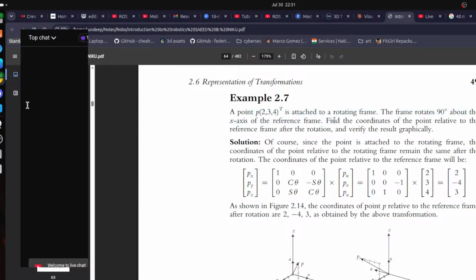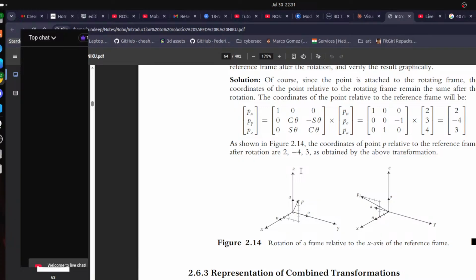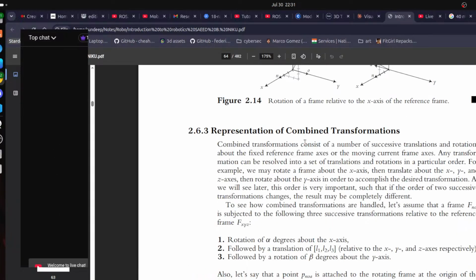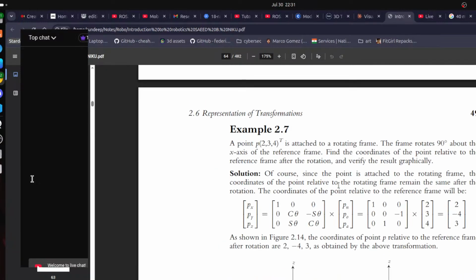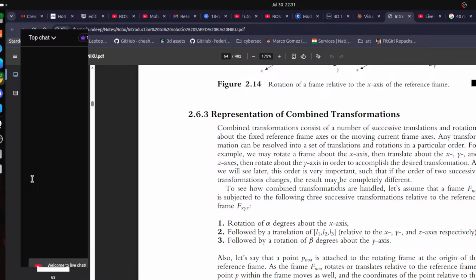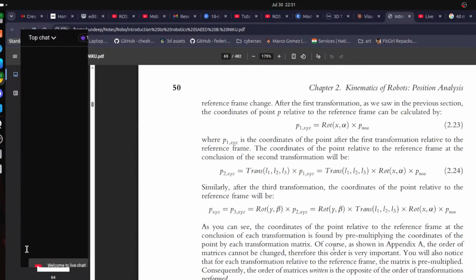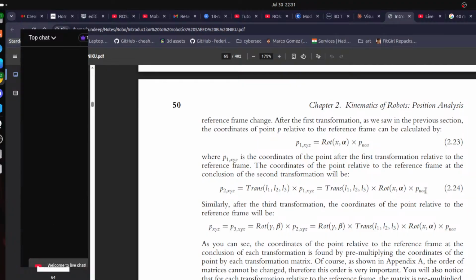I mean, the questions are pretty easy. These are just formula based, so I'm not gonna bother doing them. Representations of combined transforms. I mean, if you had to combine transforms, you would just multiply them over and over.